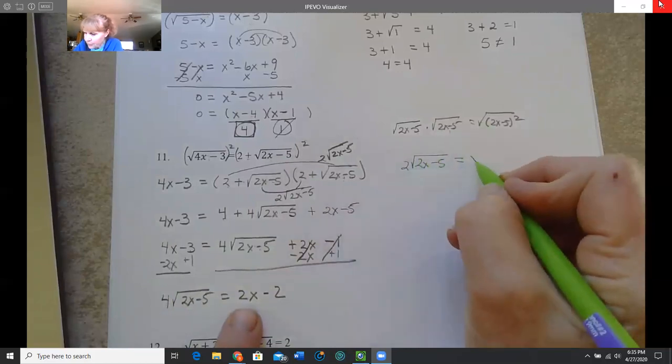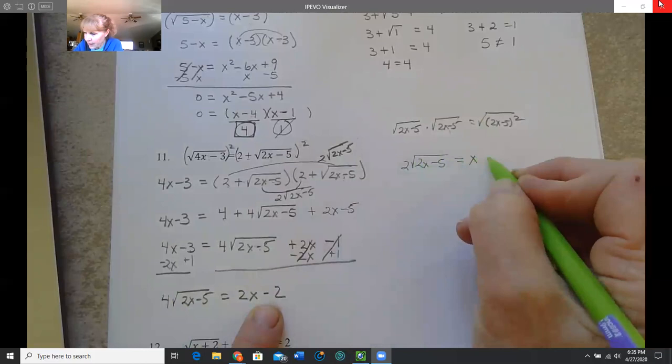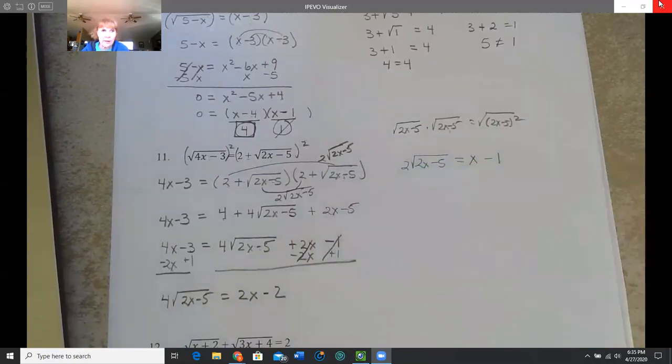Divide by 2, you get x. Divide by 2, and you get 1. If you hadn't done that, you'd end up with the same answer. You'll just have to reduce more, and it might be a little harder to factor, but you could do that. So as long as it goes into every term, go ahead and do that.